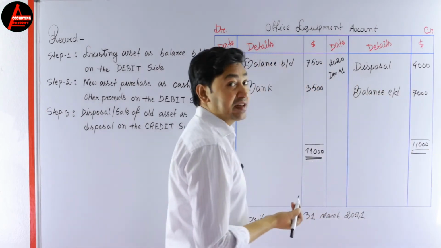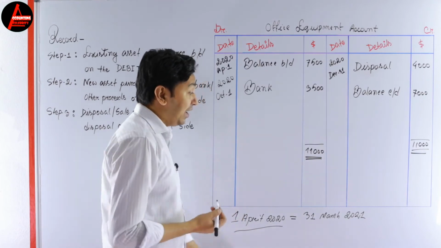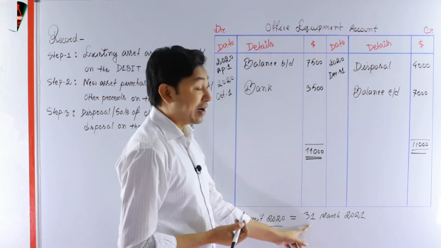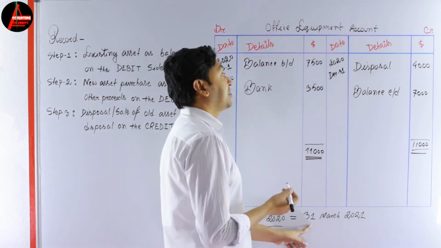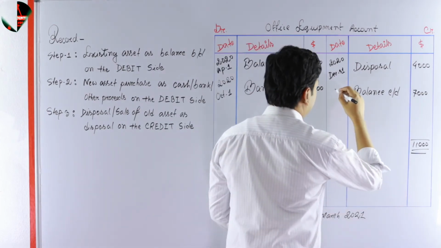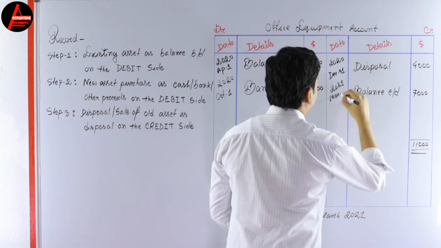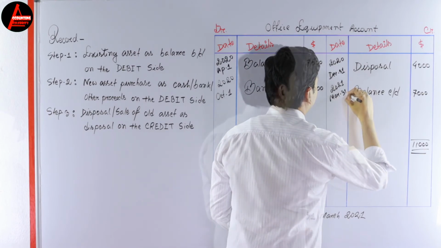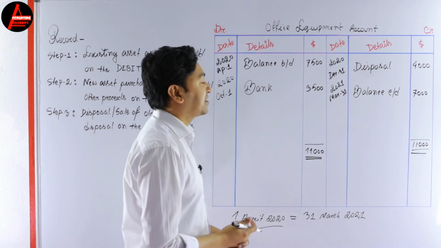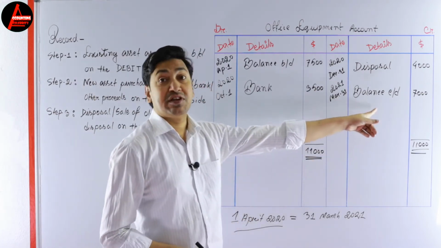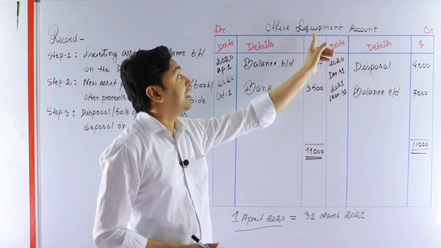Here the date for balance CD will be the last day. Okay, the last day was 31st March 2021, the closing day of the accounting period. So let us write here 2021 March 31st. Okay, so we balanced it. So this balance is the closing balance of this office equipment.